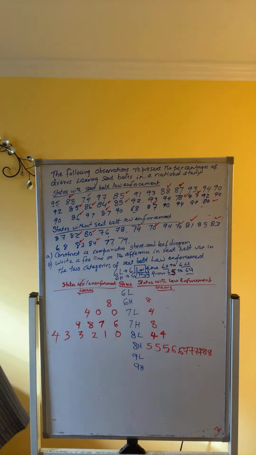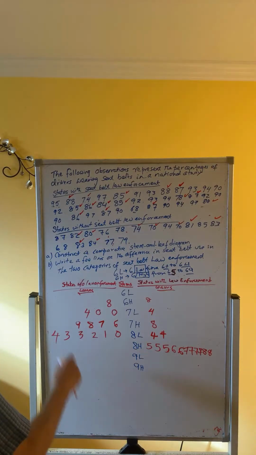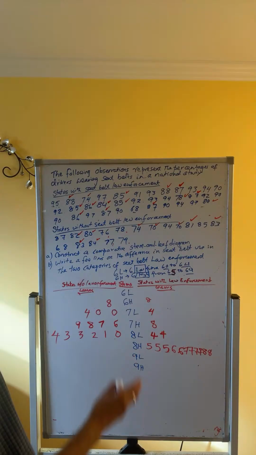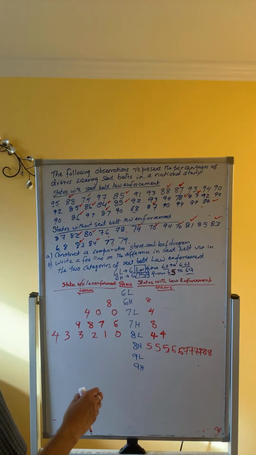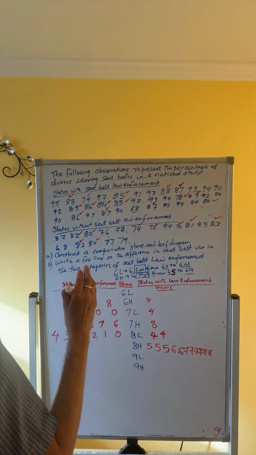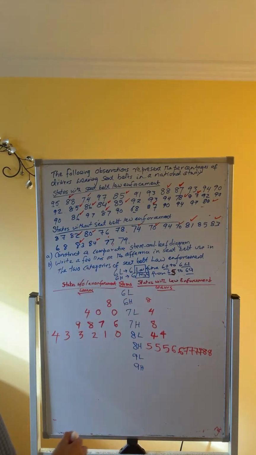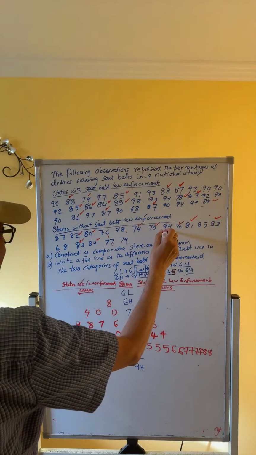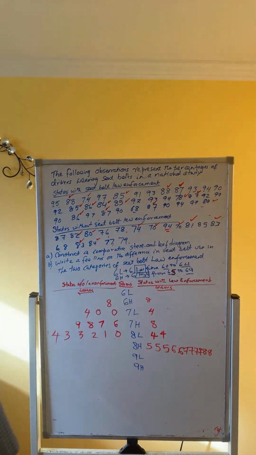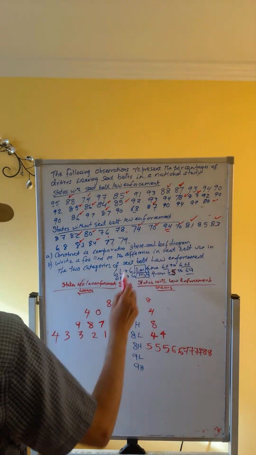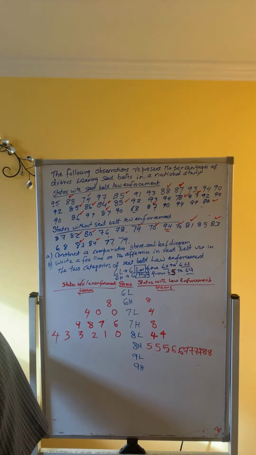Then we are looking for 9 low. Low is from 0 through 4. That means 90, 91, 92, 93 and 94. If we look at the states without seat belts, there is only 1 94 over here.